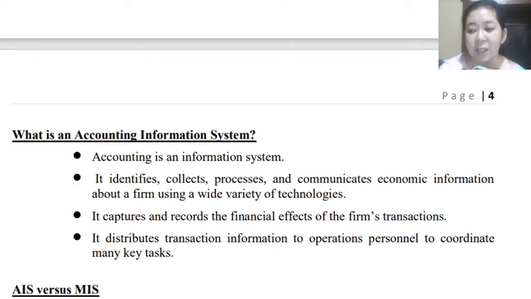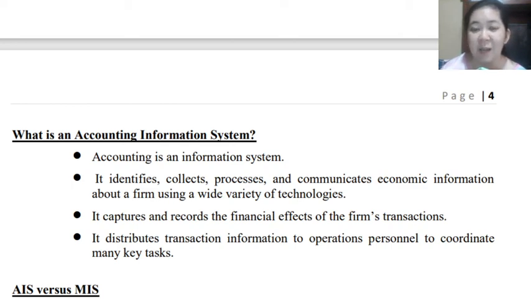So this is just like our accounting cycle. But in this case, we are focused on how the data are collected, how they should be processed, and what are the different transactions or data that need to be captured, okay, and what are the processes and the documents that will be used in those data gathering and processing.